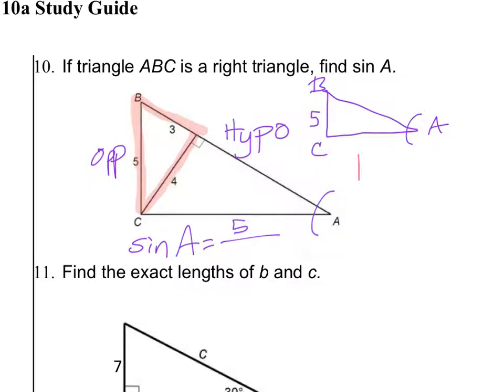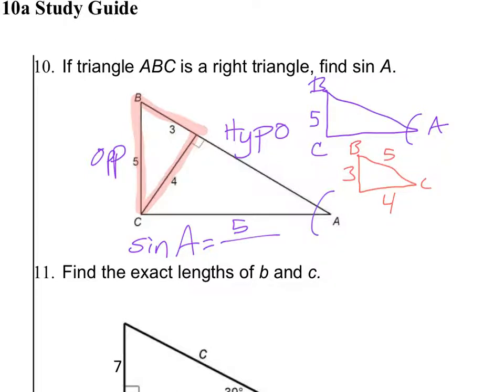All right, so I've got short side is 3, long side is 4, same as what I have above. Let's see, so this would be B. I kind of flipped it, and then this would be C. 3, 4, and my hypotenuse is 5.